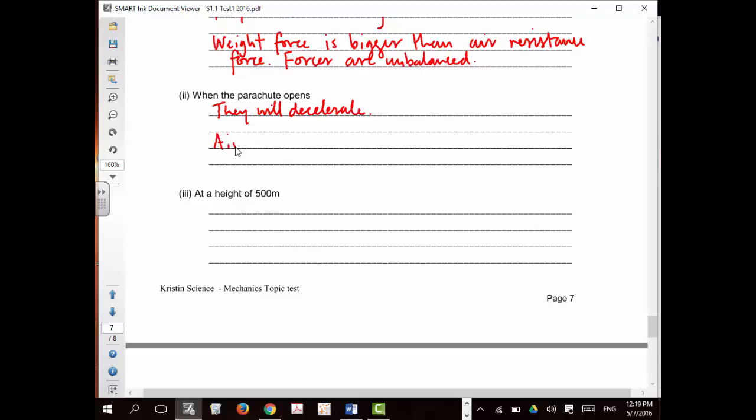Air resistance is now much bigger than the weight force. Forces are unbalanced. And because it's the upwards force that's bigger, and they're moving downwards, that means that they will decelerate.